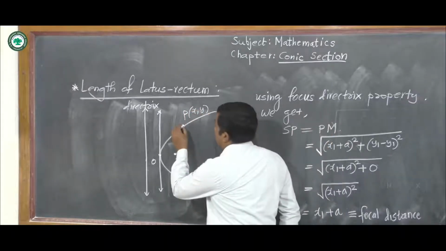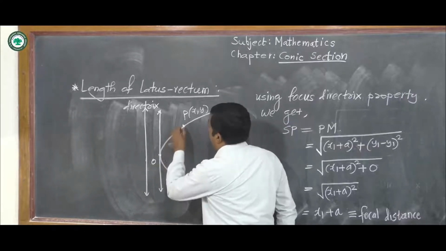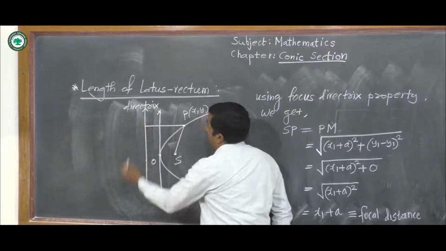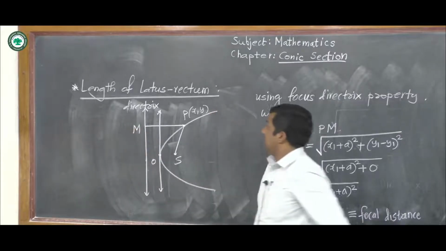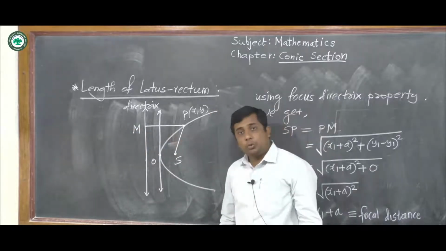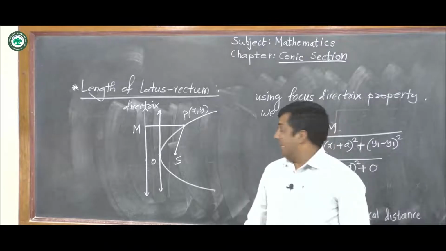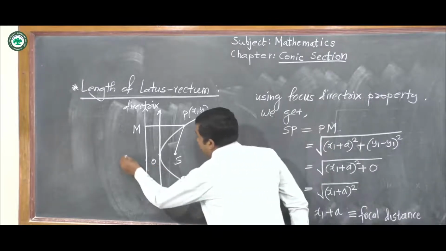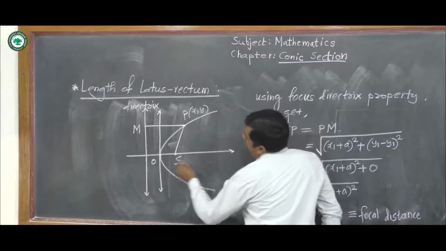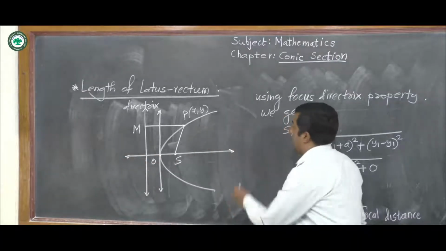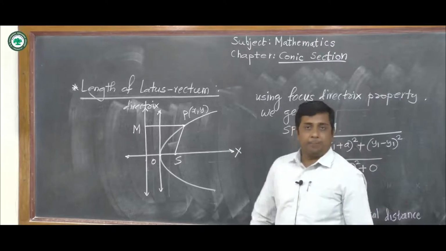Then we consider one perpendicular to the directrix. Suppose this is PM. Here PM is the perpendicular to the directrix. We consider the x-axis. This is our x-axis.